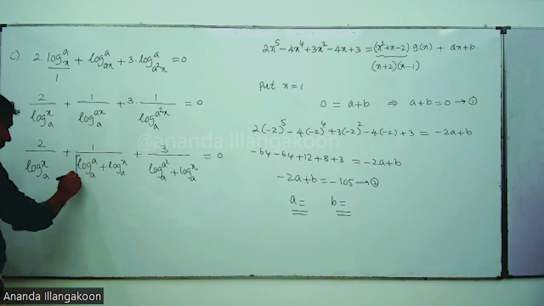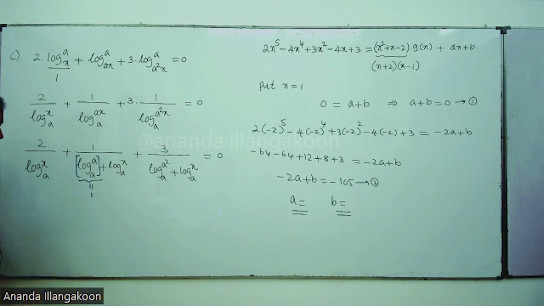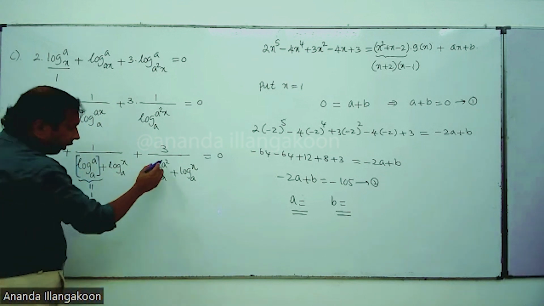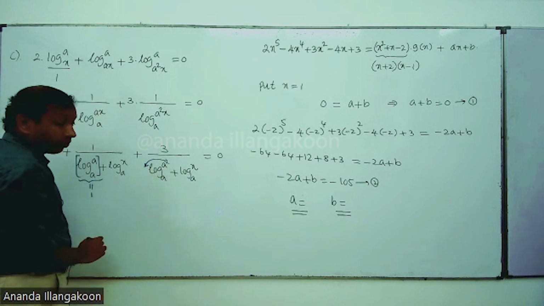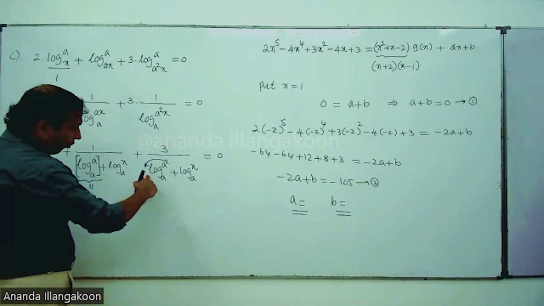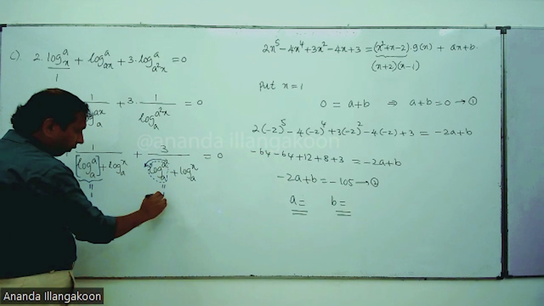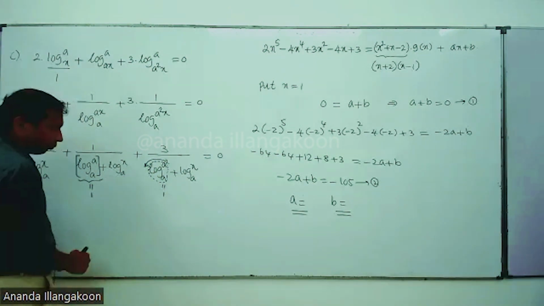This value log a is 1. You can bring this power to the front, you know, we have such a rule. Again, we have log a, it is 1. Then 2 into 1 means here 2.